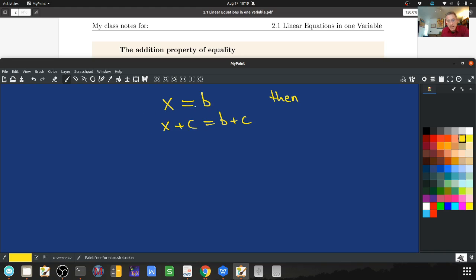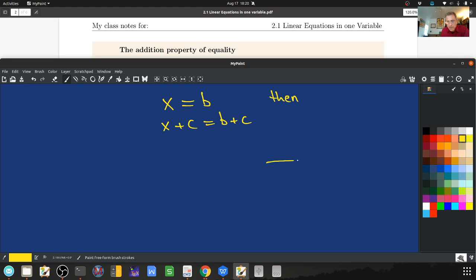Clearly x is equal to b is an equation, right? There's the very important equal sign. Without an equal sign, it's no equation, there is no solving. This states that x is equal to b. So for any real number c, x plus c will also be equal to b plus c. So I just added c to both sides.